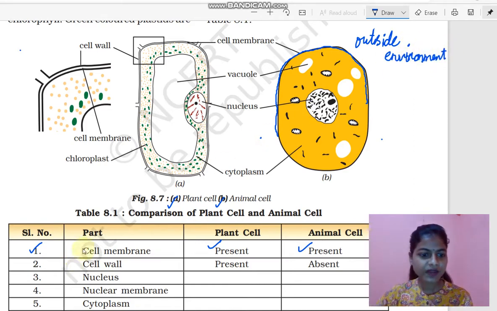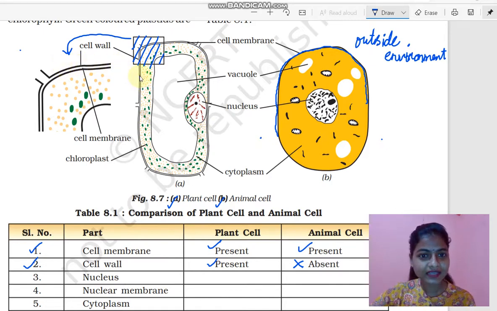Now come to the next part, that is cell wall. Cell wall is present in plant cell while it is absent in animal cell. As you can see, in the plant cell it is given in detail. This part is actually shown in detail over here. You can see this is a double membrane.